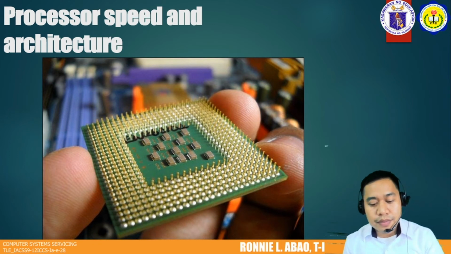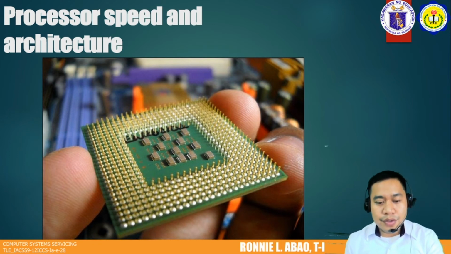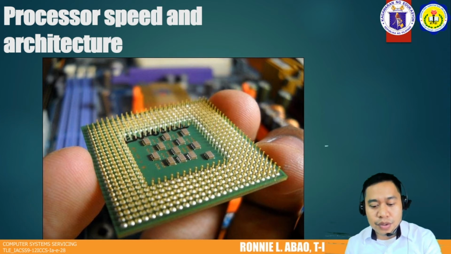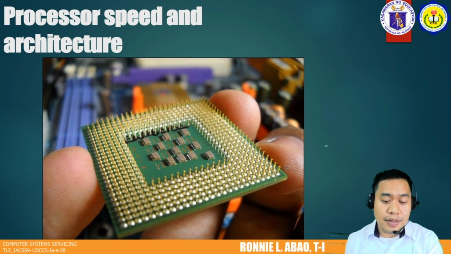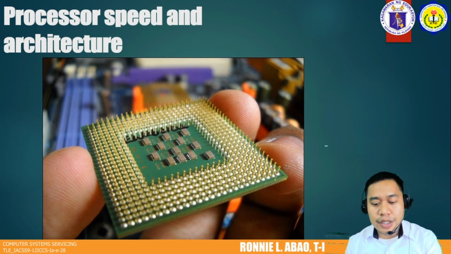Number 1, so you can look at your module and allow me to read this information. The processor speed and architecture. The processor speed, the speed of a computer processor chip is technically known as its clock speed, measured in gigahertz, with the fastest modern processor currently running at up to 4.7 gigahertz.